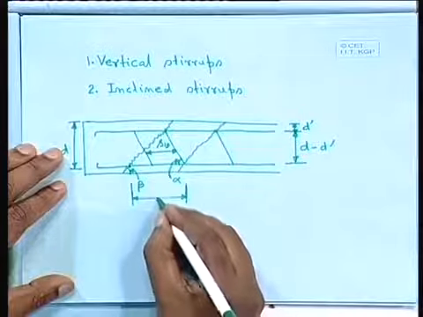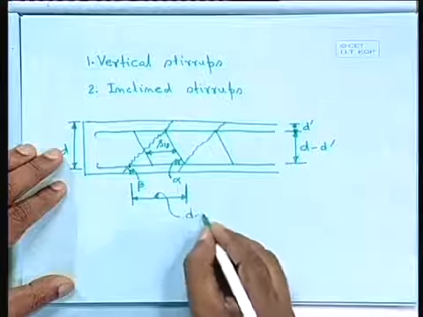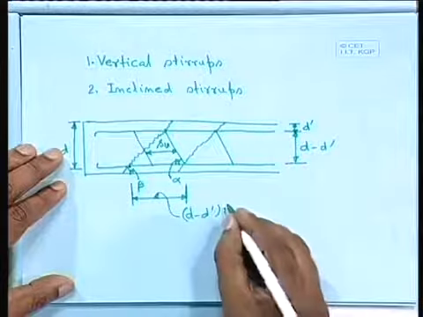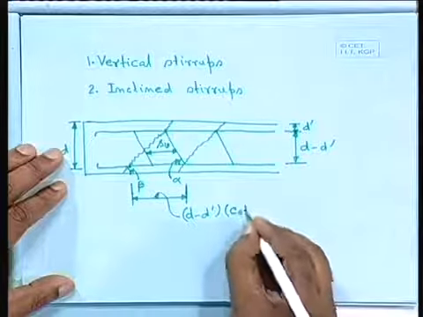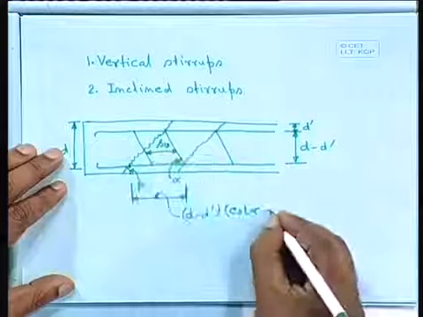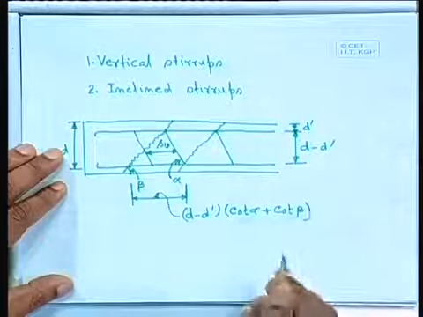So, we shall get D minus D dash times cot alpha for this side plus cot beta.